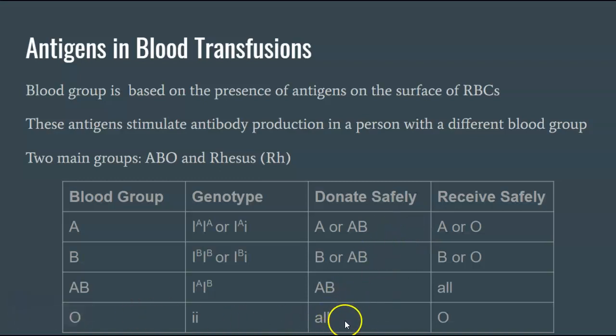If you're O, you can donate to everybody, but if you are O, you can only receive O because those antigens on the other 3 blood groups are going to cause your blood to seize up. They're going to clump. It's going to get clumpy, which is obviously not ideal in your arteries and veins.